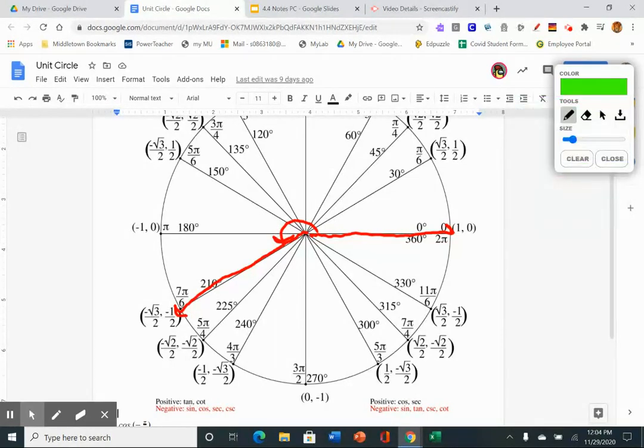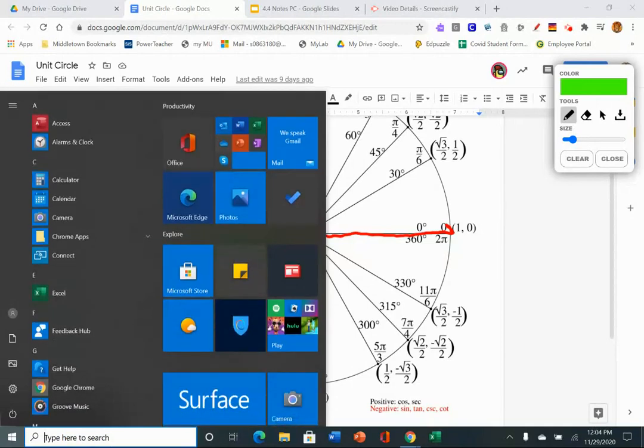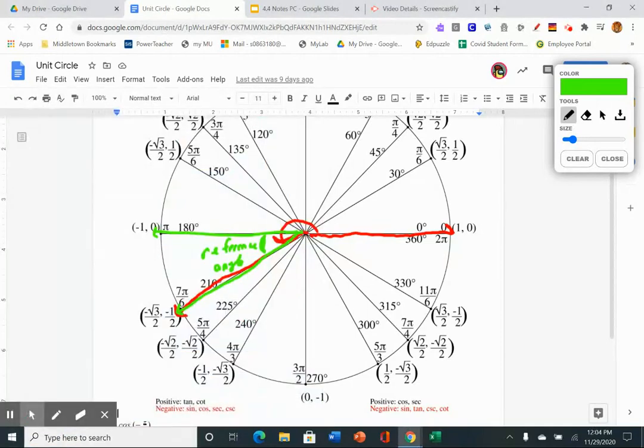Now remember, my reference angle is formed by the terminal side, which I'm now highlighting in green, and the x-axis also highlighting in green. So this angle right here is your reference angle. That's why I just said you need to work up to the x-axis from the angle. So from 7 pi over 6 to pi is an extra 30 degrees, or pi over 6.